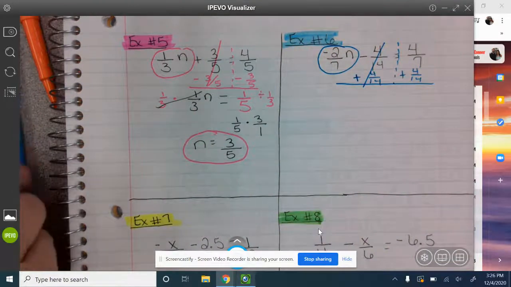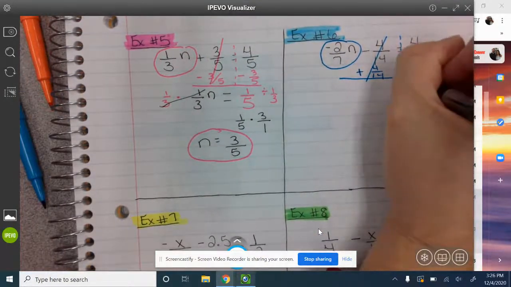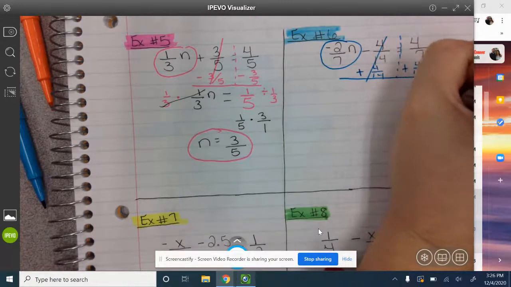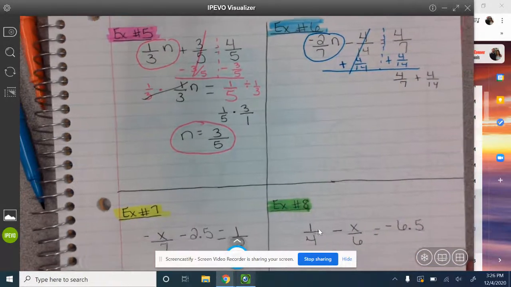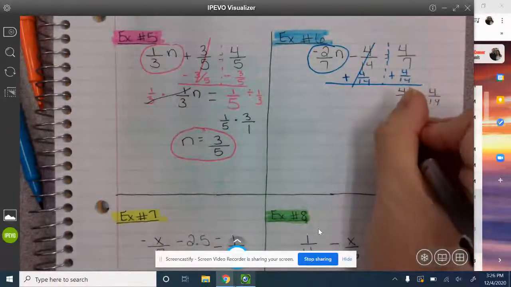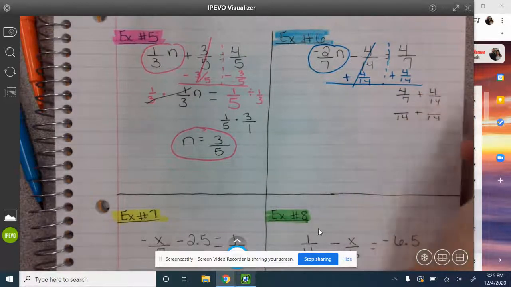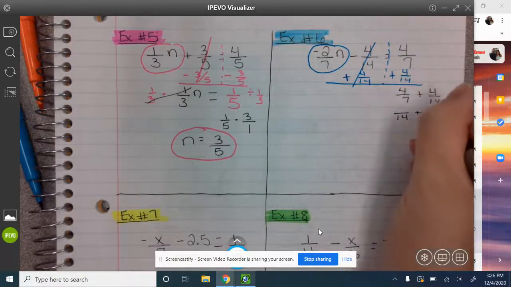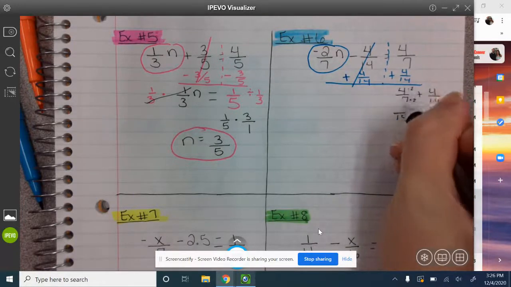So I am going to write this right here. We're trying to do 4/7 plus 4/14. Well, the first thing I need to do is make common denominators. A common denominator for 7 and 14 is 14. 14 doesn't change, so that 4 doesn't change. 7 times 2 is 14, so 4 times 2 is 8.